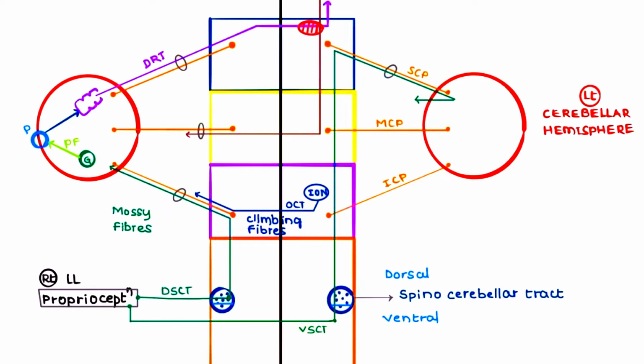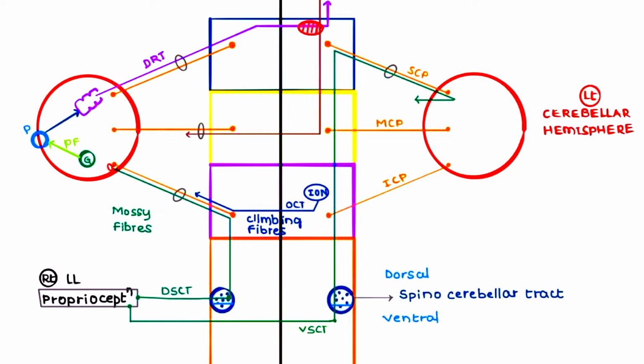We have said that mossy fibers have different origins, like the spinal cord. Here the origin is the dorsal spinocerebellar tract. It travels along the inferior cerebellar peduncle towards the cerebellum.